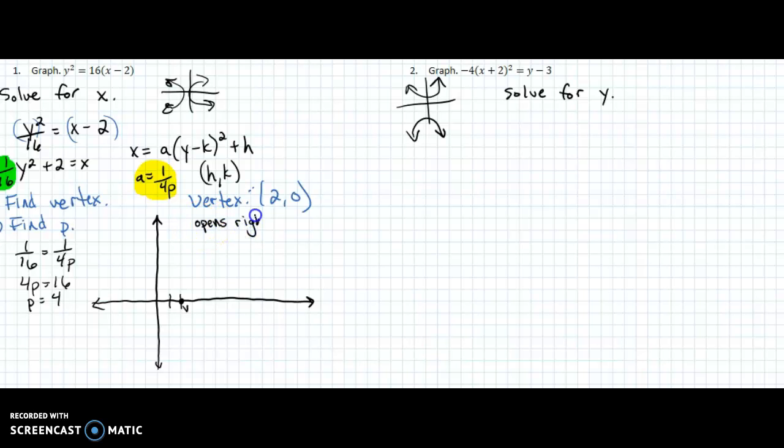So how do I know it opens right? Well, y is squared, so I knew it was going to open right or left. And if a is positive, then it opens to the right. If a is negative, it opens to the left. So this guy opens to the right. Because it opens to the right, if I count from my vertex, 1, 2, 3, 4, a distance of 4, that's the value of p, that gives me my focus.